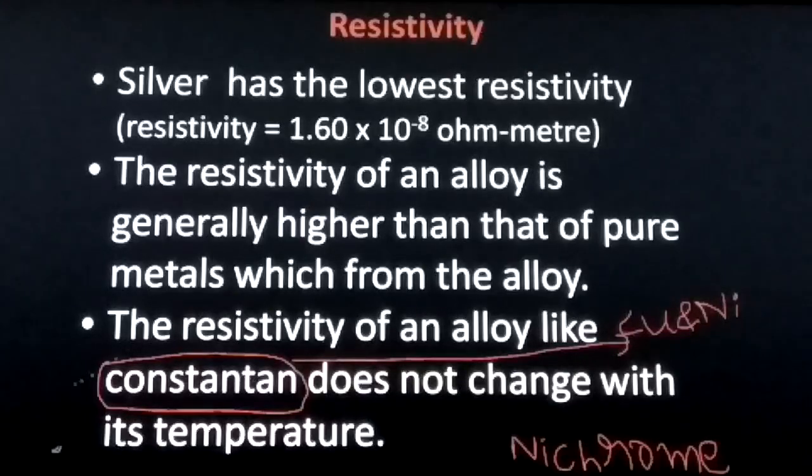So why am I telling you the information about these alloys? You might have seen wires which are made up of alloys, used for different electrical purposes. Now we will see the constantan wires.